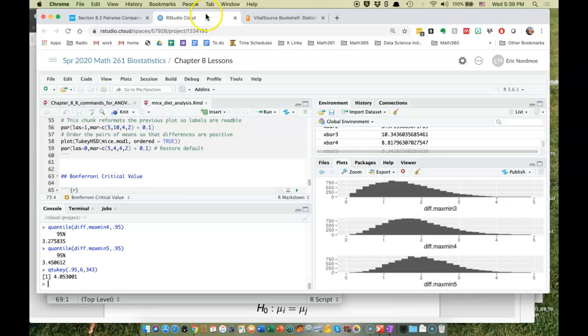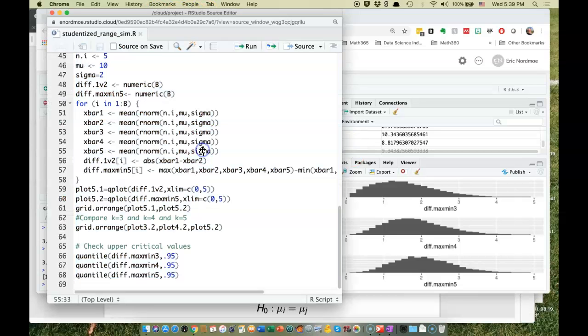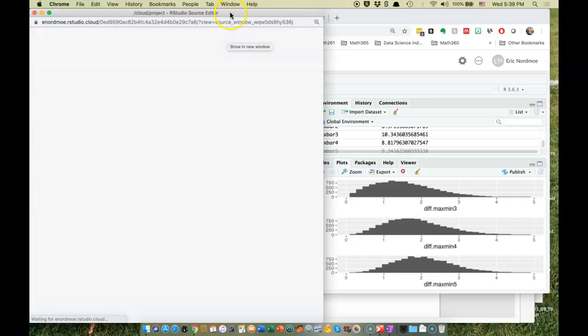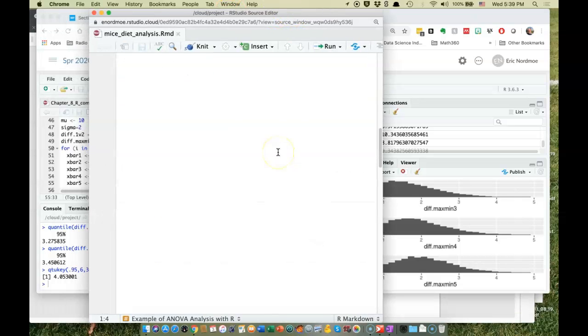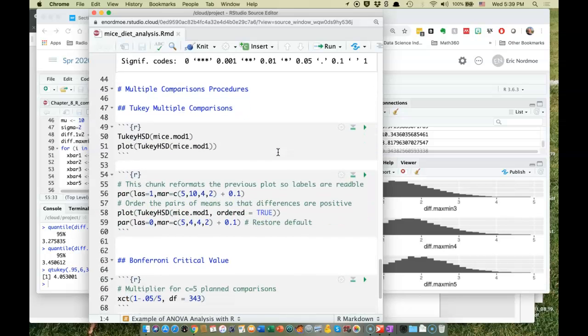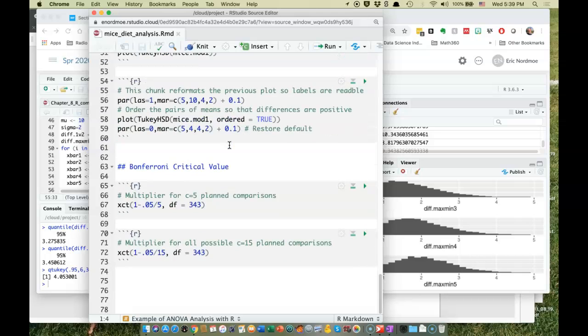Go back over here to this, well, not this one, right? I wanted to go back to the mice diet case. At this point, we can let R actually do that for us too.